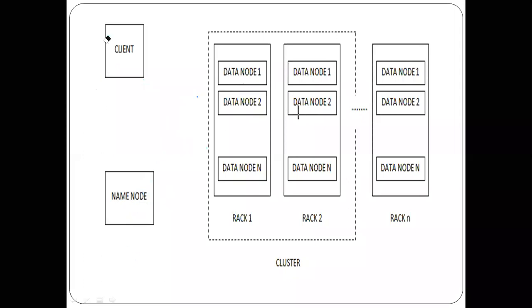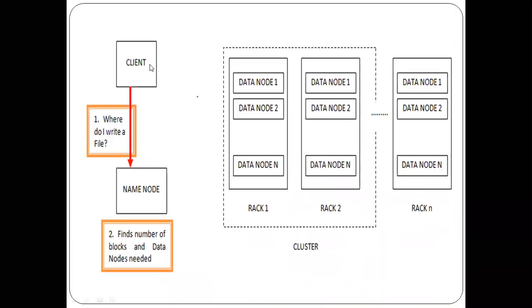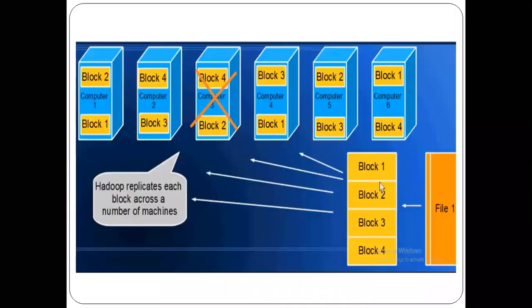I'll illustrate in another diagram. See here, if that heartbeat signal fails from this data node, what happens? Suppose the name node or client is requesting block 2, that block 2 will not be received from this data node.